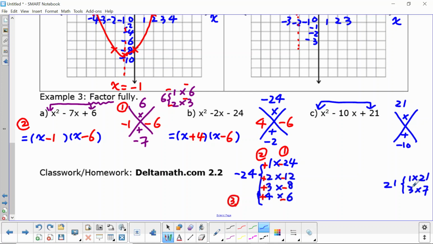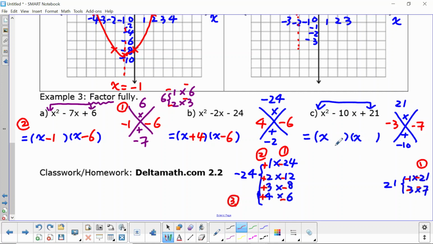Then we are going to see the sum is negative, so the larger number needs to be negative. Then the product is positive. Negative times negative gives you positive, so both need to be the same sign, negative. So negative 3, negative 7. Added together will be -10, so it works. Then we are going to write it out. x and x in the bracket first, x times x gives you x squared.